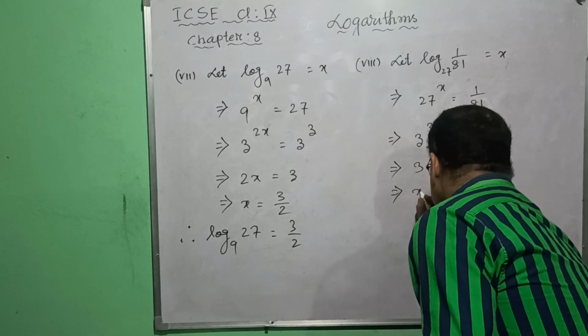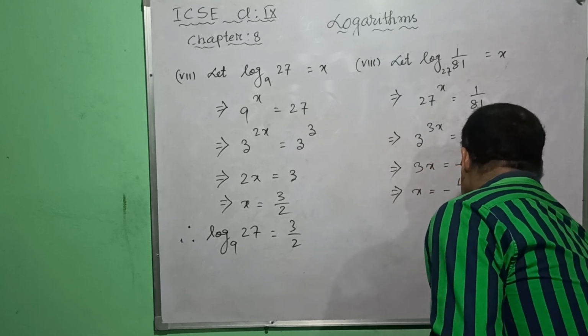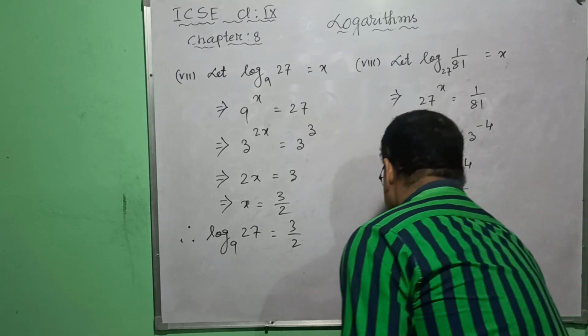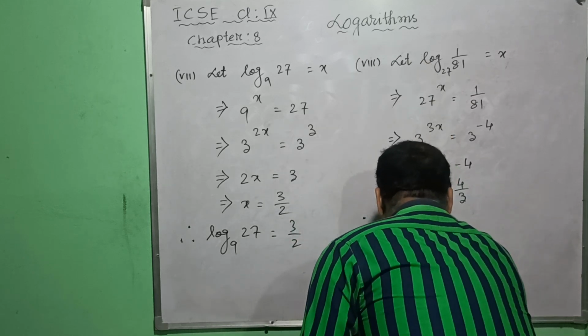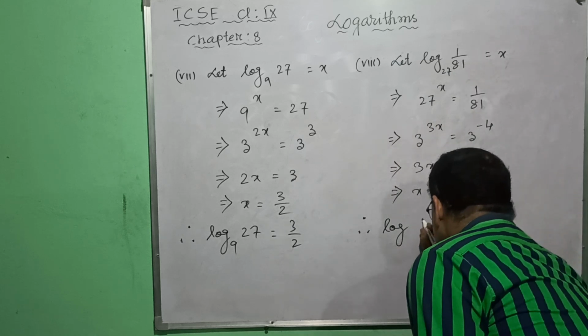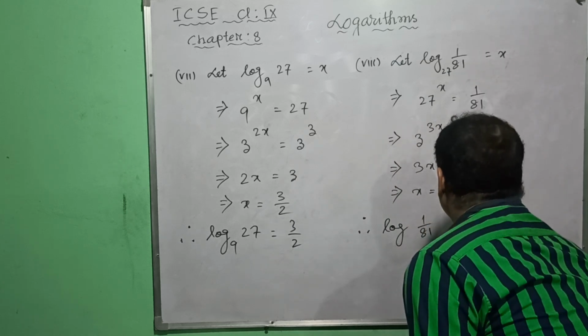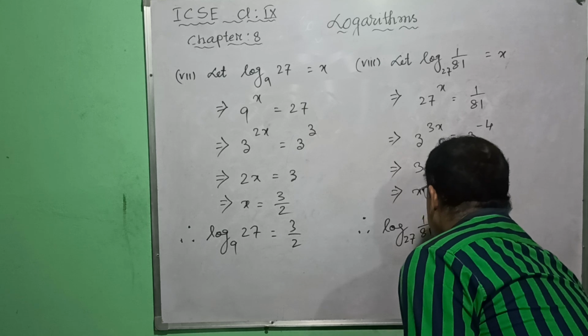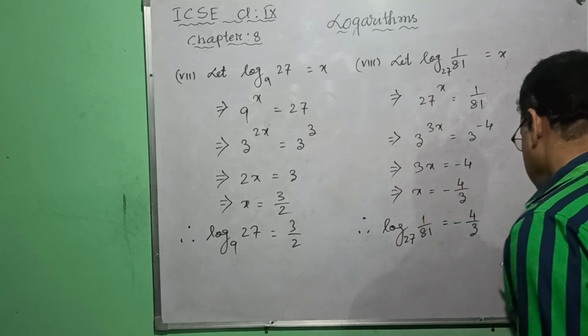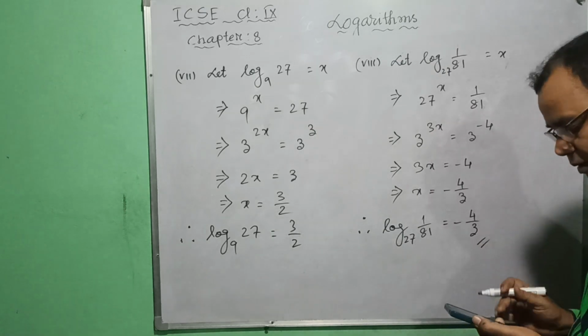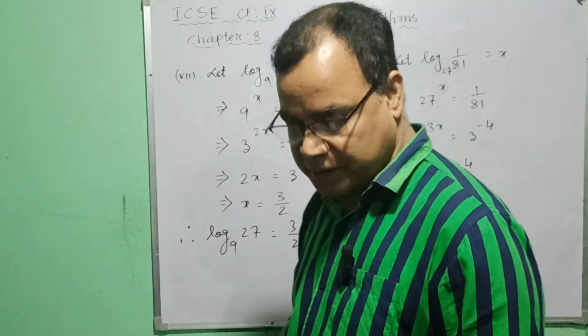This implies x equal to minus 4 by 3, and then we'll write the answer. Therefore, log 1 by 81 at base 27 equal to minus 4 by 3. So today, up to this, and in the next video, we'll start question number 6.